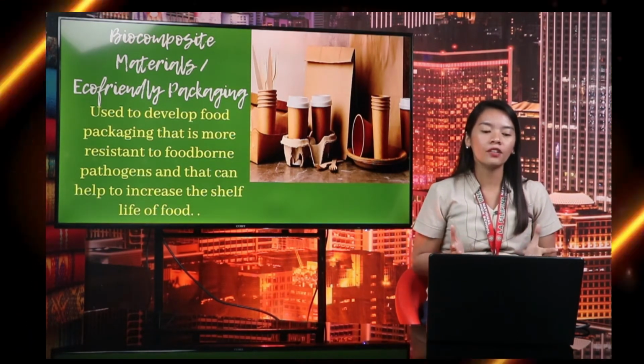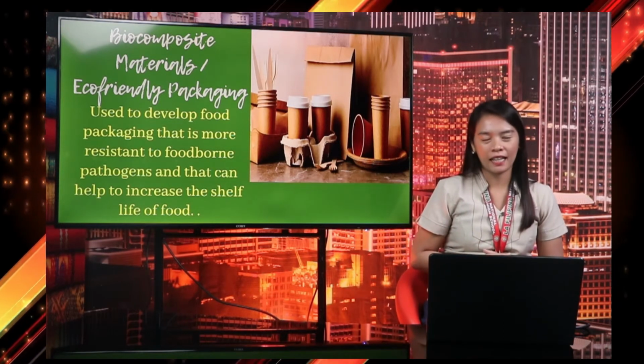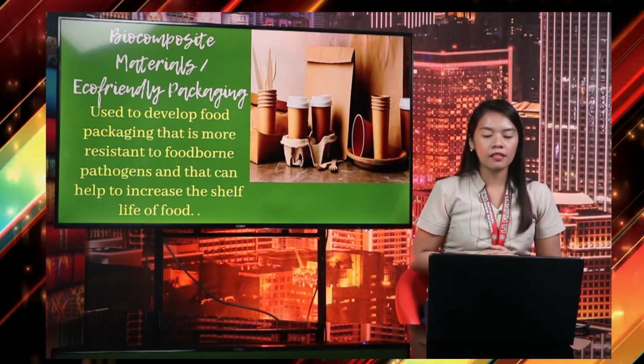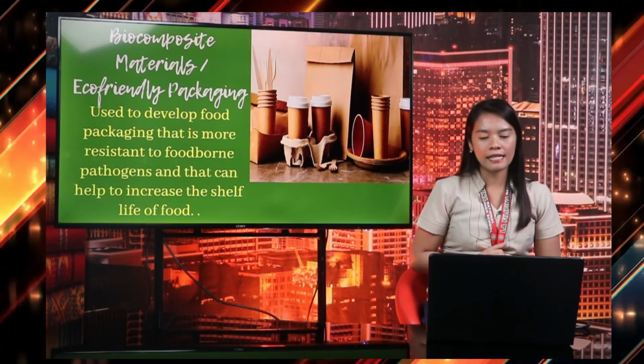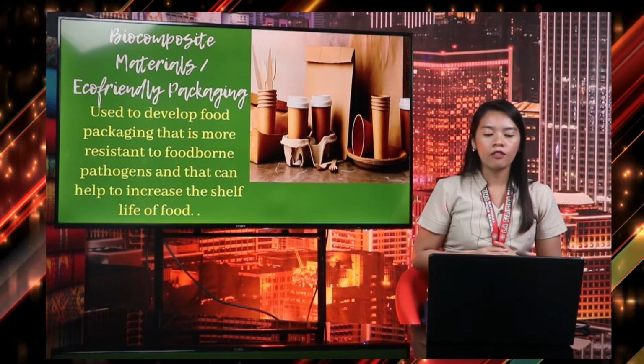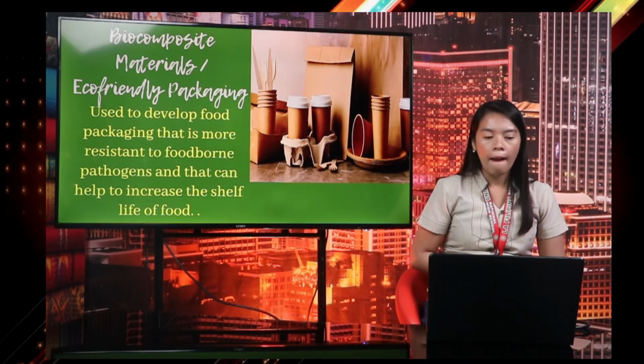Next we have biocomposite material, for example the eco-friendly packaging. This type of packaging material is also common nowadays since it is formed by wax and made of both renewable and non-renewable resources.